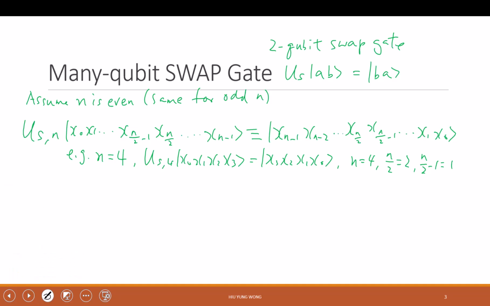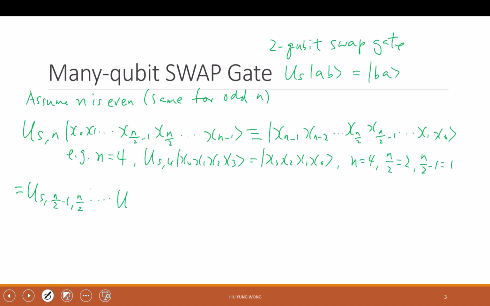Okay, so then I continue. I just want to show that this n-qubit swap gate is the same as swapping, with a change of notation, swapping only n divided by 2 minus 1 and n divided by 2. Maybe I should keep going.